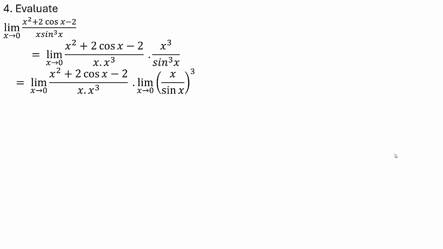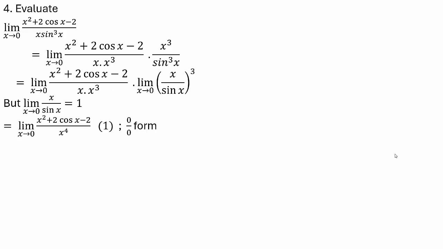We know that limit x tends to 0 of x by sin x is 1. Therefore, this can be written as limit x tends to 0 of (x² + 2cos x − 2) divided by x⁴.